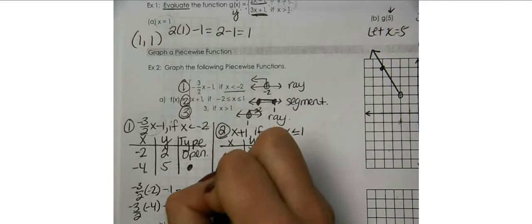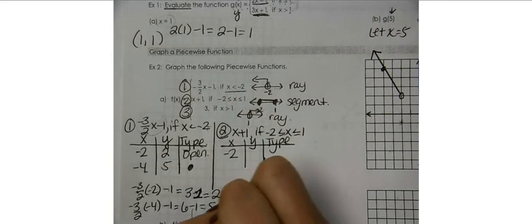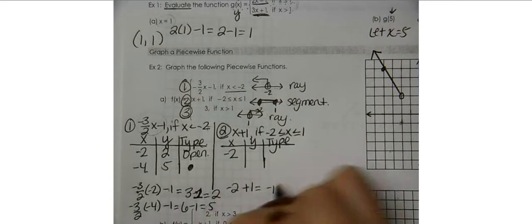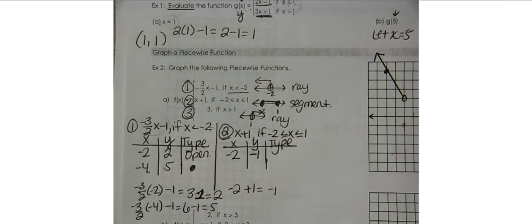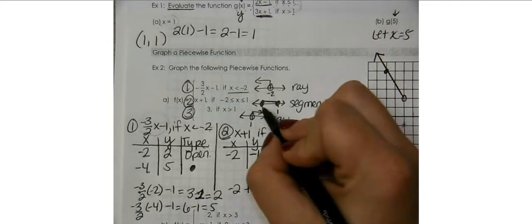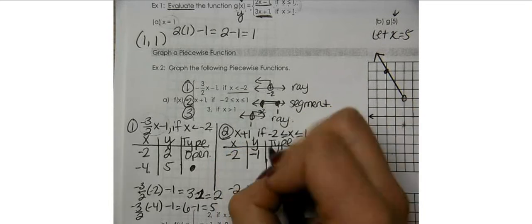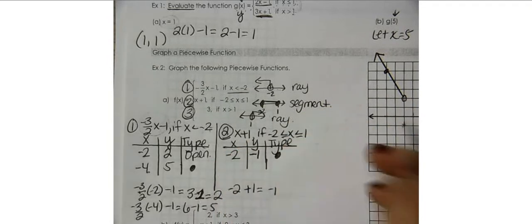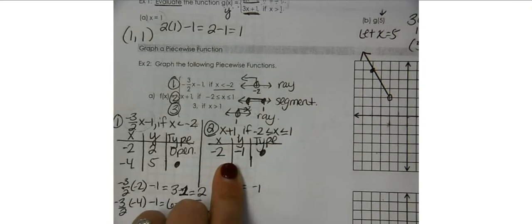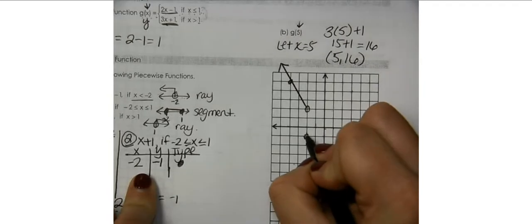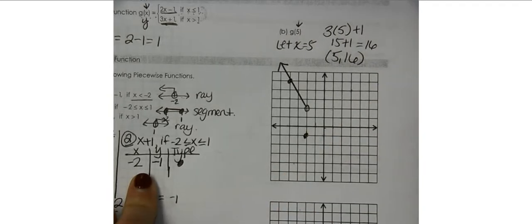So I'm going to let x equal negative 2, and negative 2 plus 1 is equal to negative 1. So my output is negative 1, and my type, because this is an equal to, I would have a closed circle on my number line. So I'm going to plot a closed circle at negative 2, negative 1. So here's negative 2, negative 1.